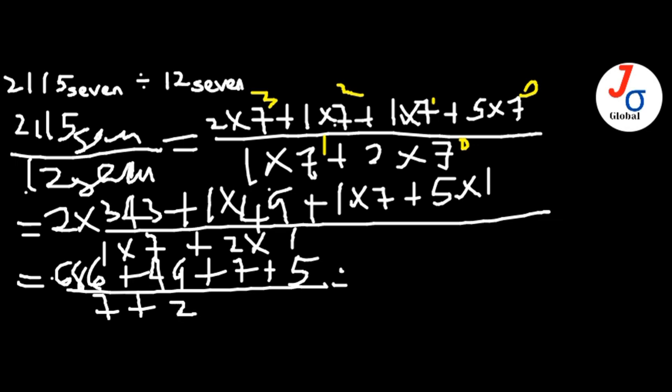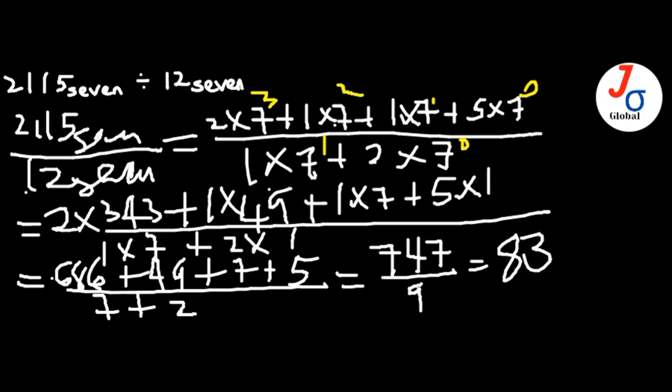And that gives us a final answer of 686 plus 49 plus 7 plus 5, which gives us 747. 747 divided by 7 plus 2, which is actually 9. And 747 divided by 9, what we get is 83, and that is in base 10.